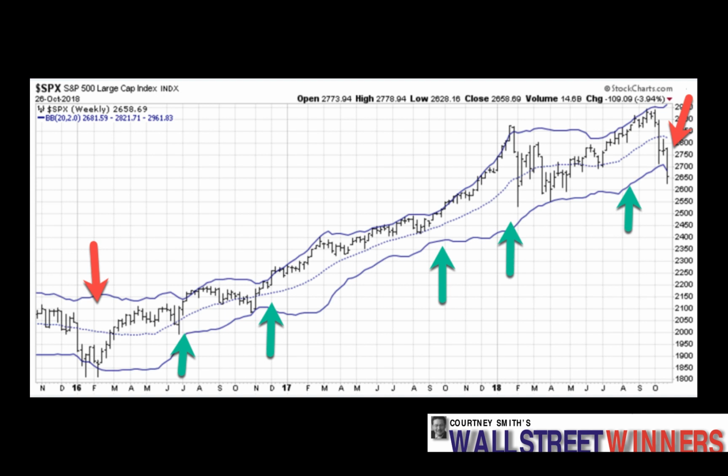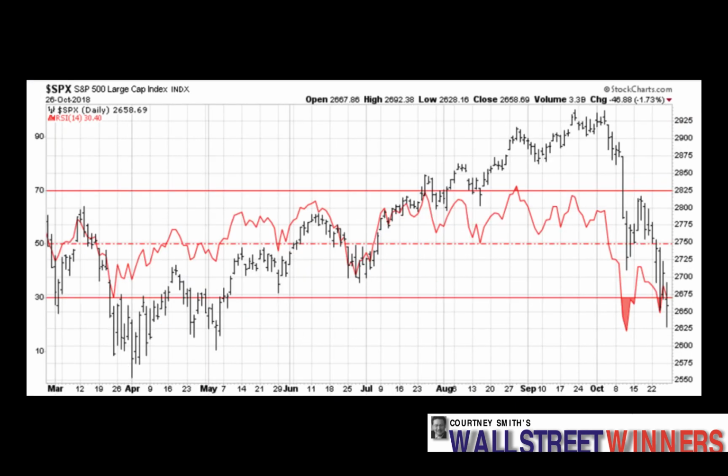Now, let me give you another piece of evidence. This is the daily S&P, which you all recognize, but superimposed over it is the regular old RSI. And I want to show you a couple of things so you can see why I use this technique.